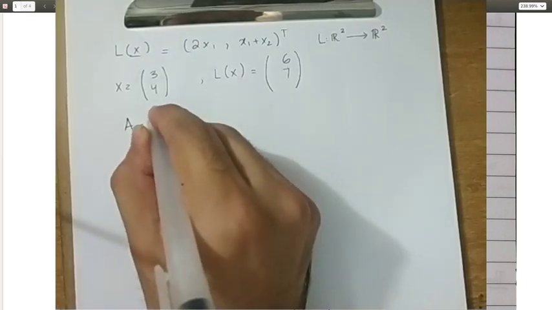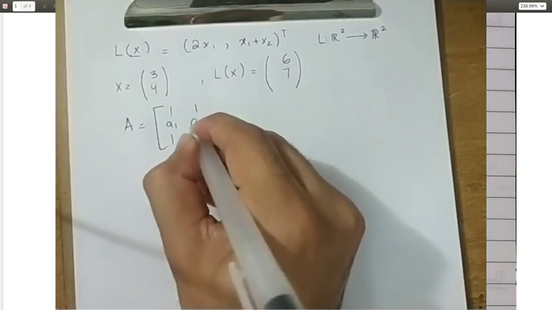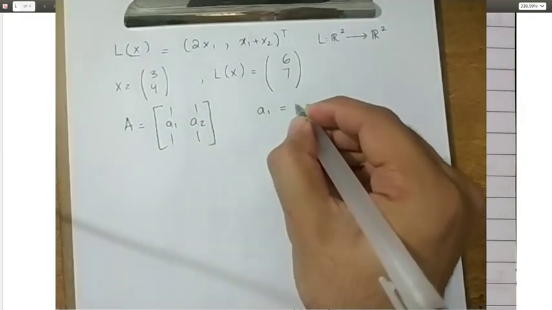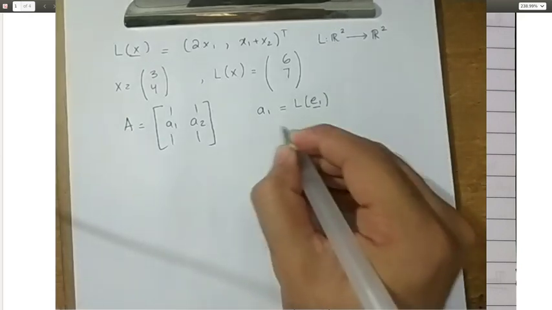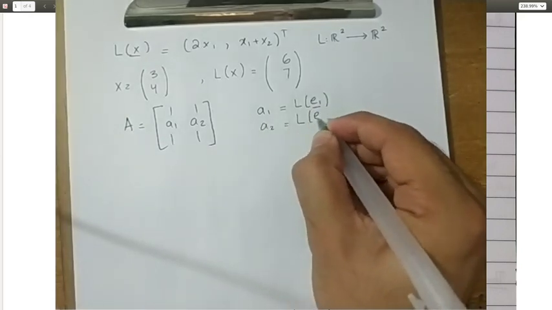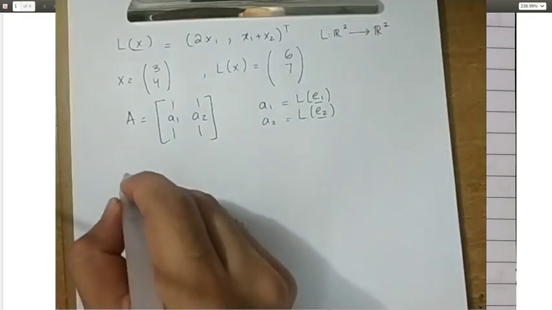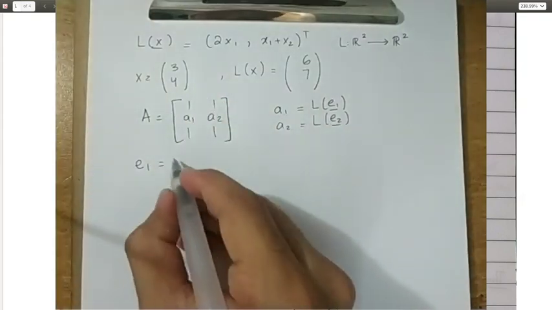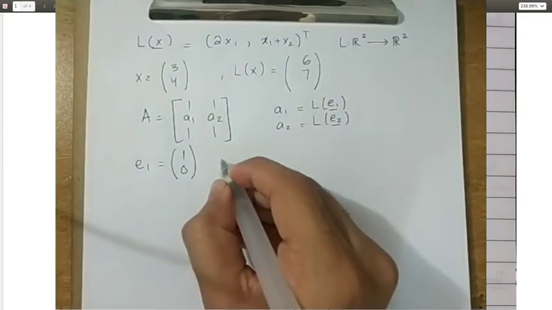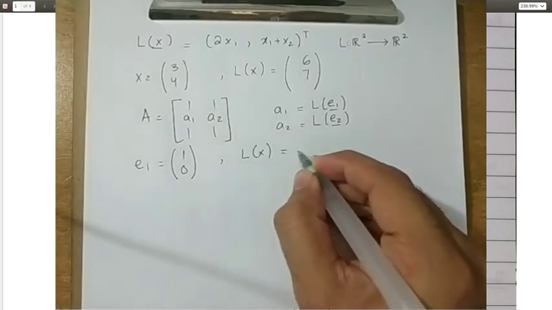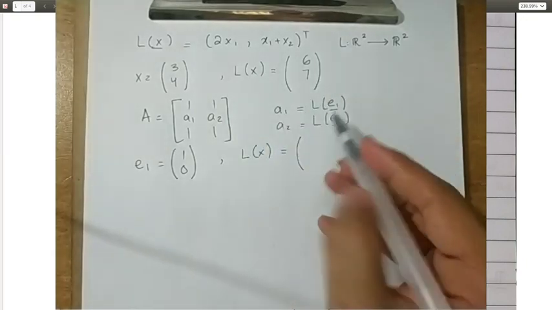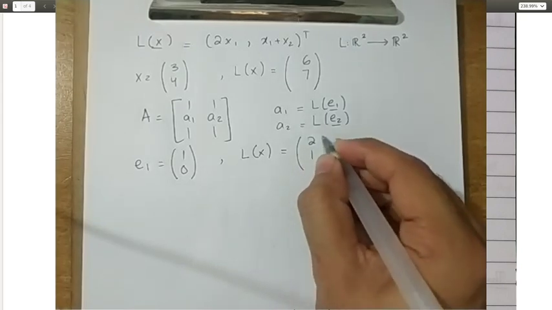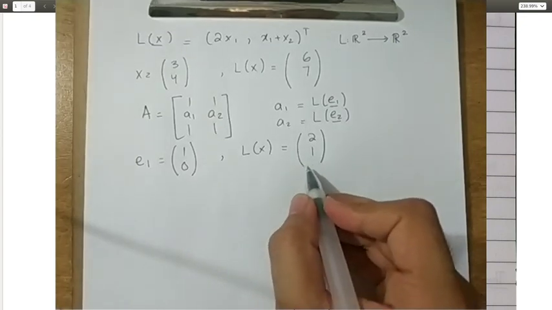A will be made up of columns A1 and A2, such that A1 is what happens to the first standard basis vector and A2 is what happens to the second standard basis vector. So this is easy to do. E1 is simply (1, 0), and so the transformation of this would be 2 times 1, which is 2, and 1 plus 0, which is 1. So this is the transform.